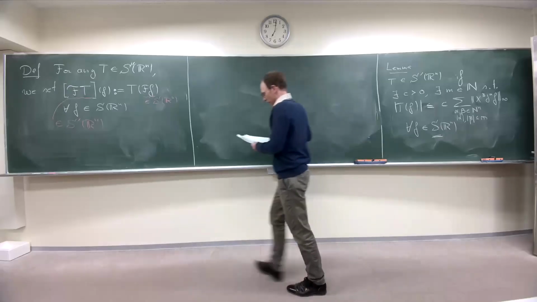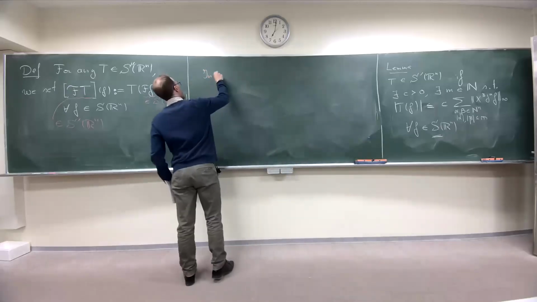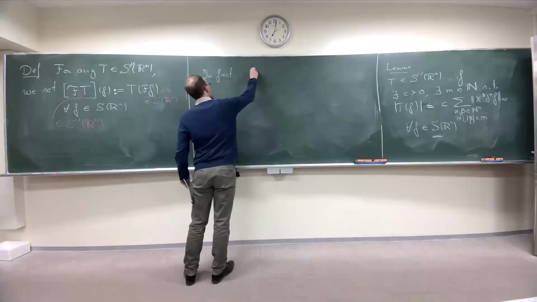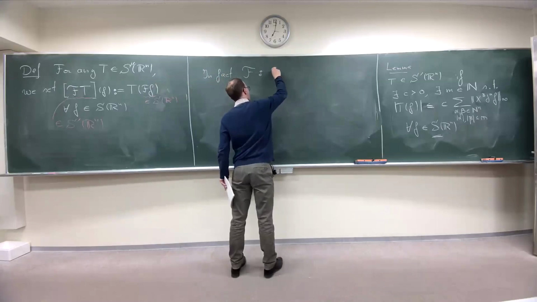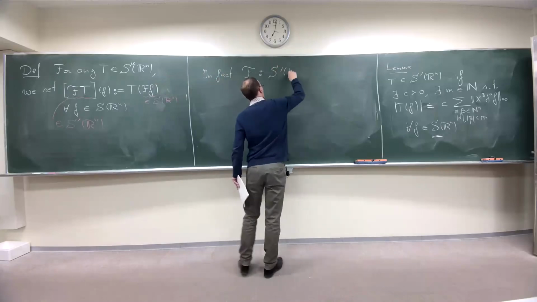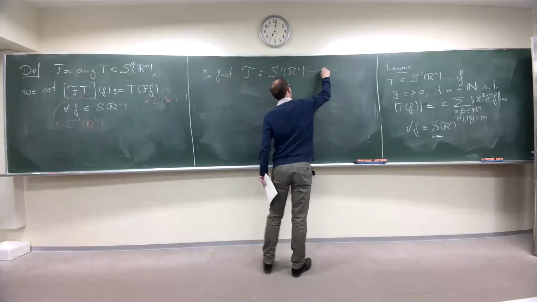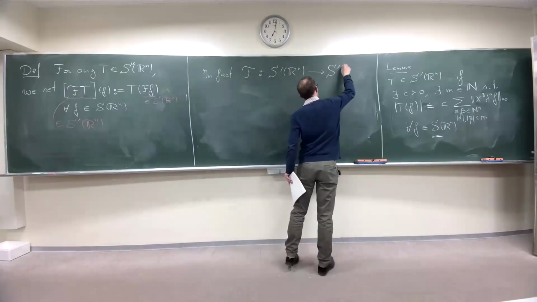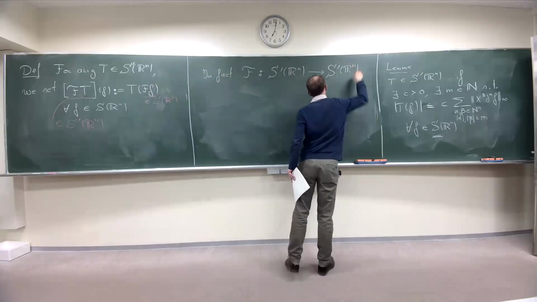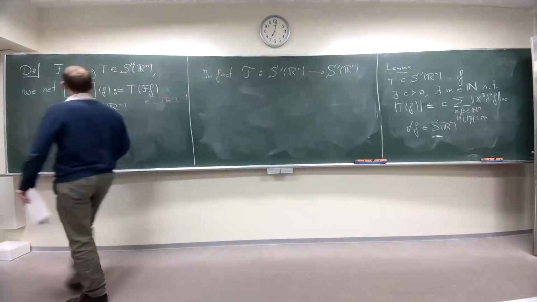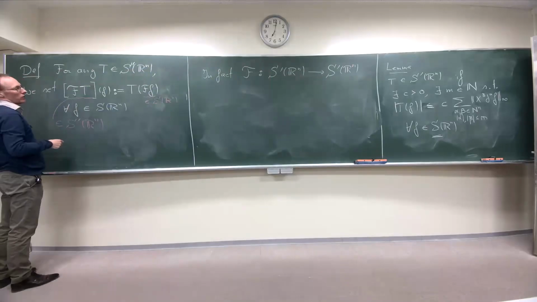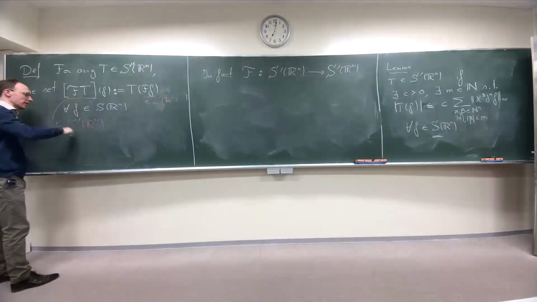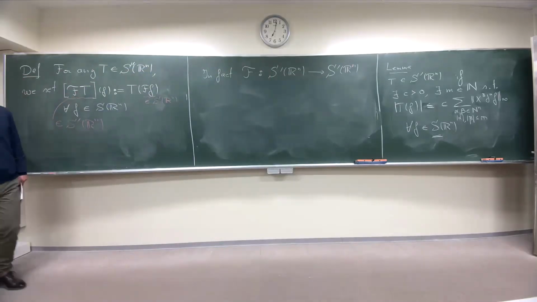If we consider the Fourier transform as a map from S prime of Rn to S prime of Rn, and look, this is exactly what we are doing here, I'm taking a T in the set of tempered distributions, and I'm getting a new tempered distribution.